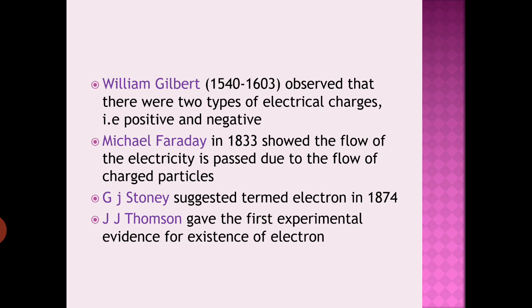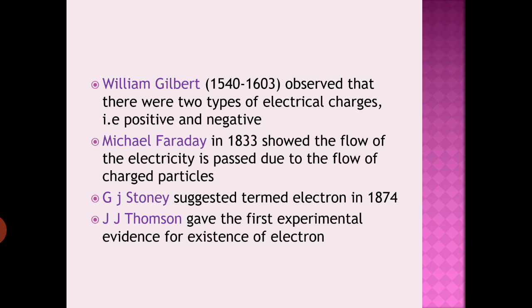The experimental evidence of the electrical nature of matter came from the experiment of Michael Faraday, who showed in 1833 that the flow of electricity is due to the flow of electrical charge, and when electricity is passed through an electrolyte, it is decomposed to give the constituent elements.